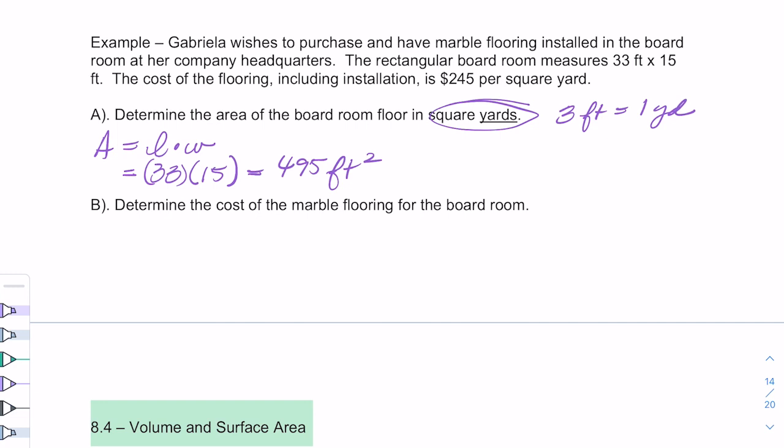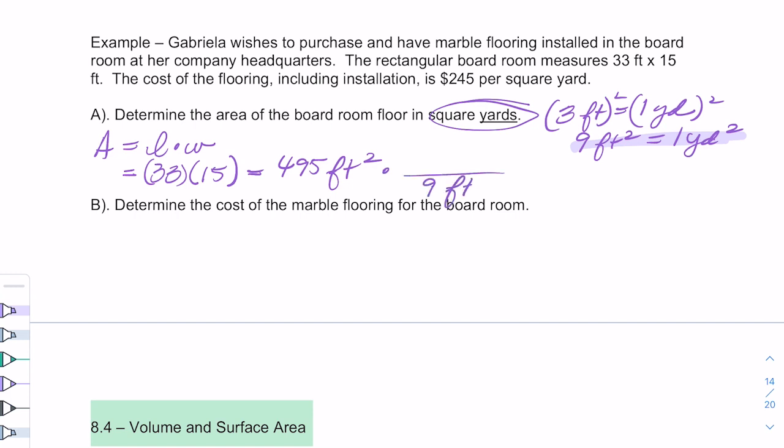I need square yards, so we're going to do just like we did in the example above. I'm going to square the yards, so I also have to square the feet. 3 squared is 9. So 9 square feet is equal to 1 square yard. We're going to use this conversion now to write our answer in square yards. Just like I did above, I need the feet squared to cancel.